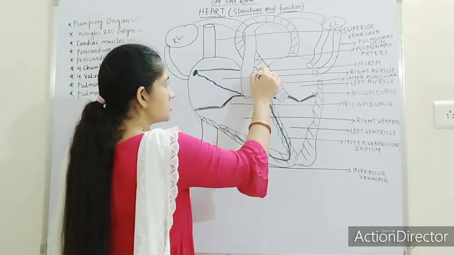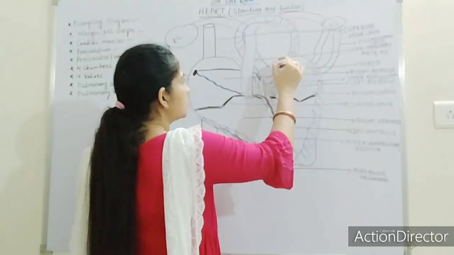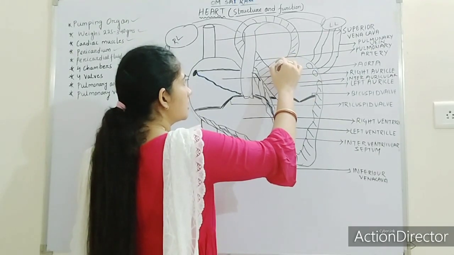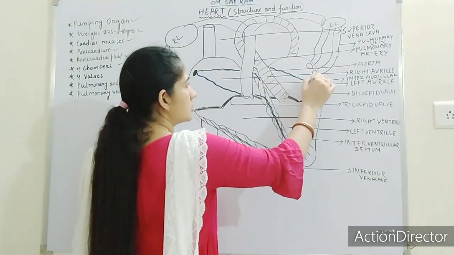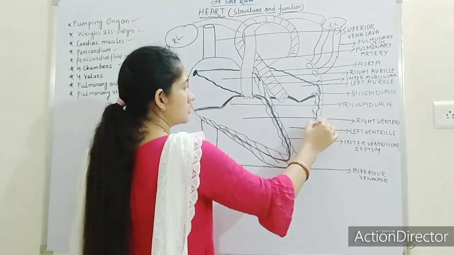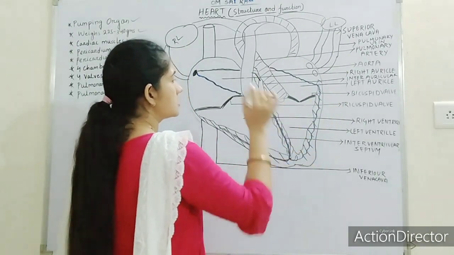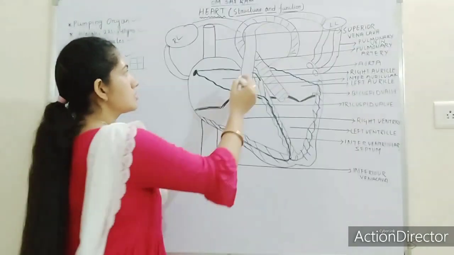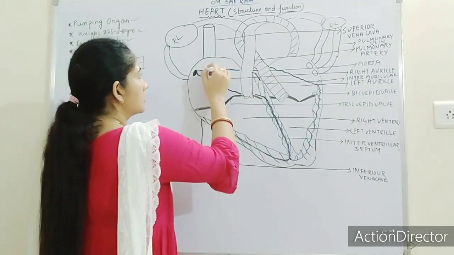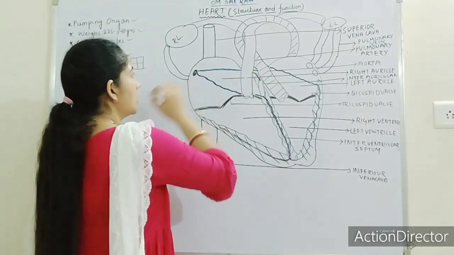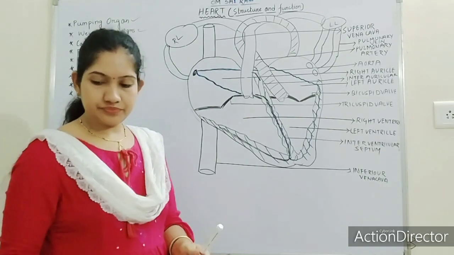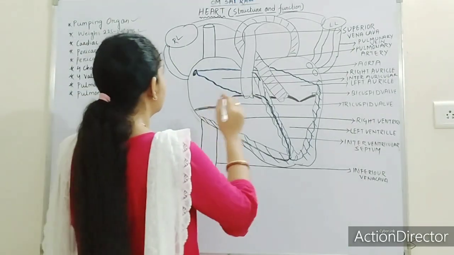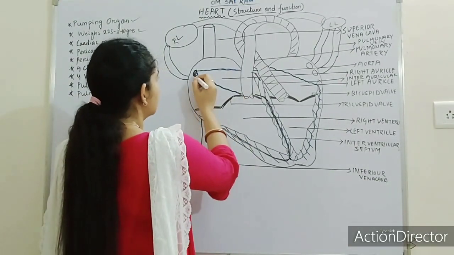What is its functioning? I will tell you, don't worry. It is connected to the muscles of the heart. This is the SA node, the sinoatrial node.